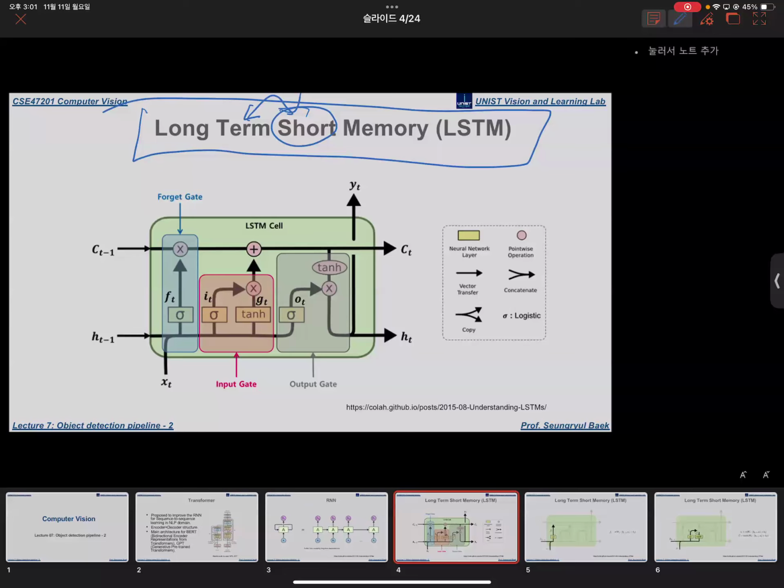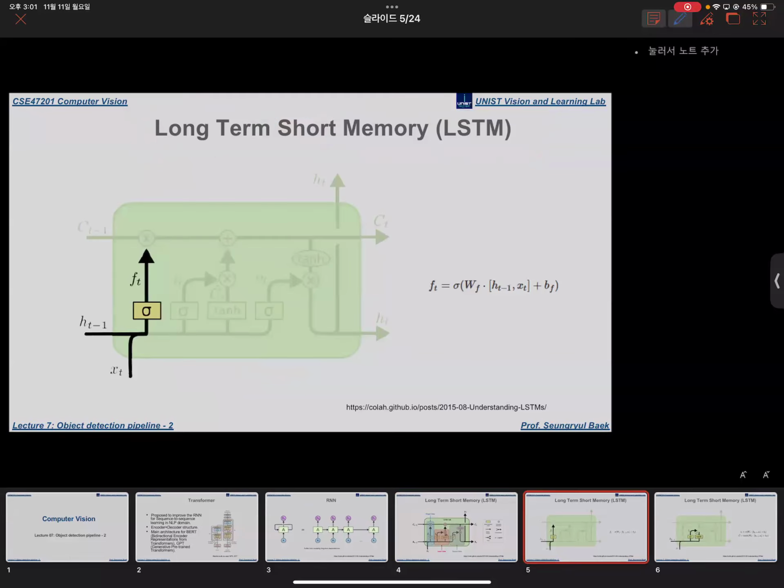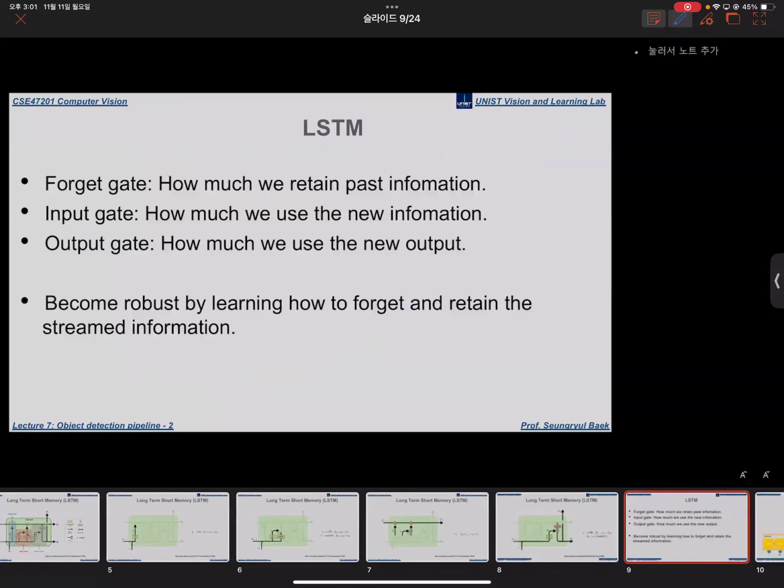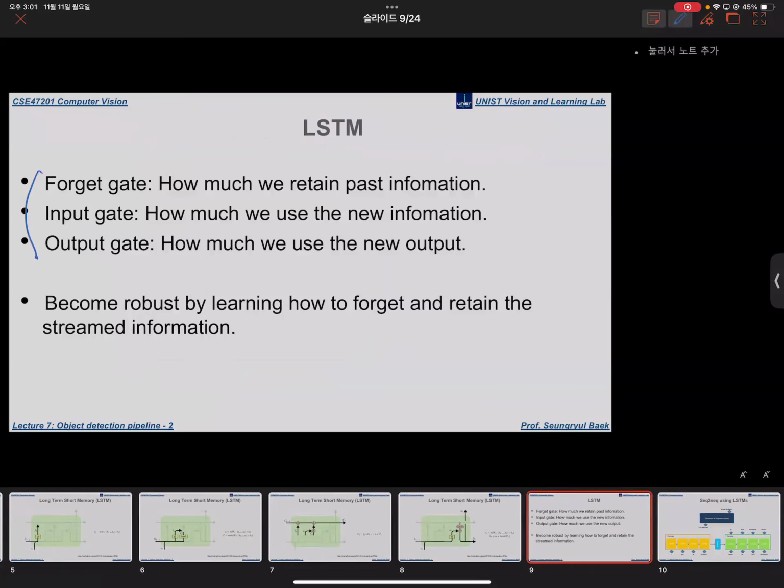And what they do is they have some more gates, I mean some more sub-modules, that can control which information you will forget from the previous architecture, which information you will retain from the previous architecture, and how much you will use the information from the current input.